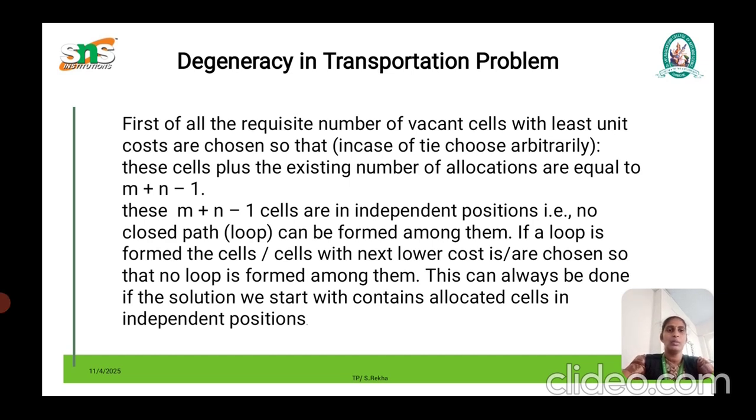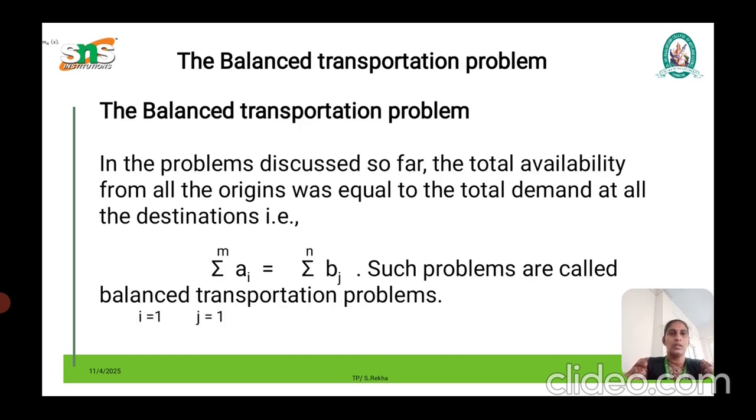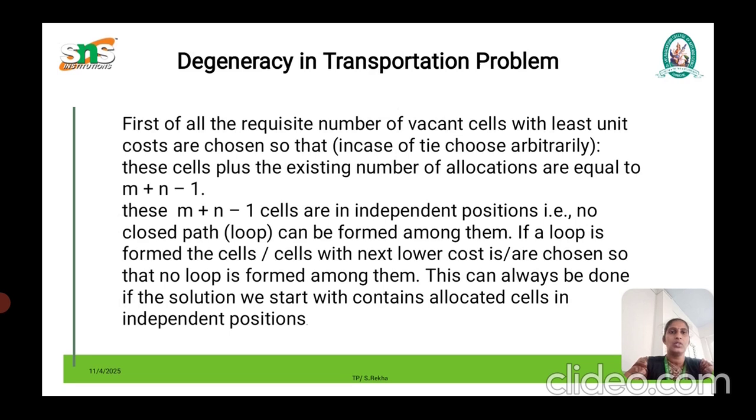Epsilon normally takes a value tending to 0. If epsilon is greater than 0, the allocation is not necessary. If epsilon is less than 0, we can allocate it to one of the least-cost cells. So instead of epsilon, the value tends to 0. Now the degeneracy problem gets balanced. Then finally you can continue the problem with 8 allocations. Now the number of allocations is equal to 8, and m plus n minus 1 is also 8, hence it is equal.